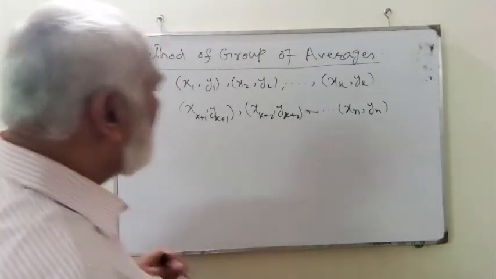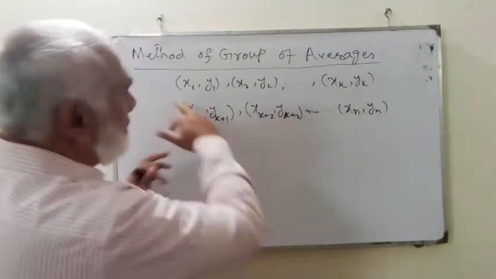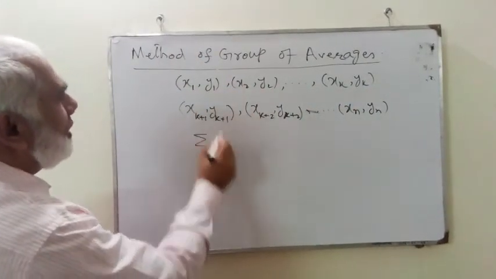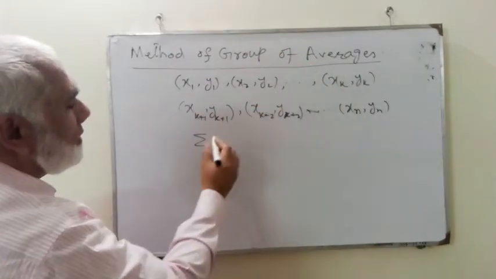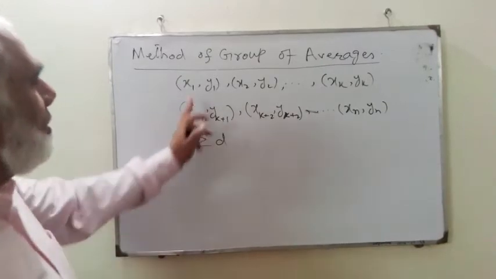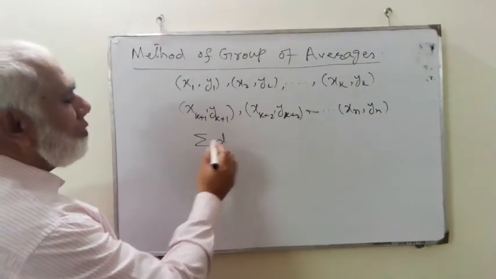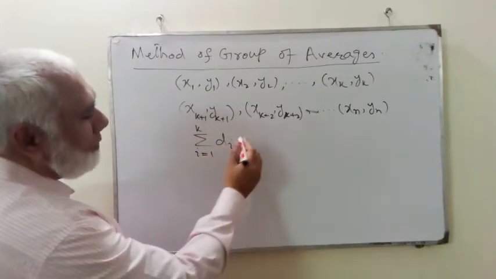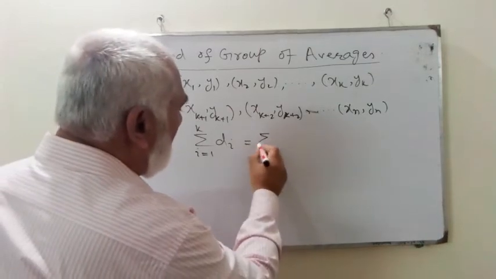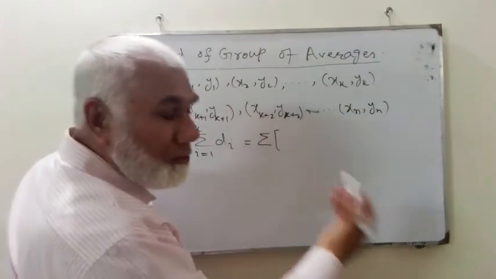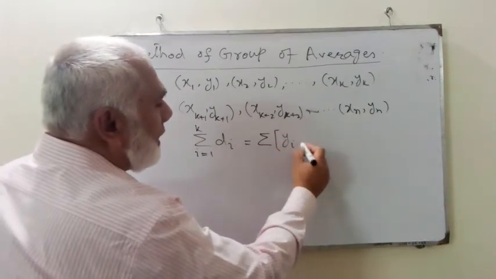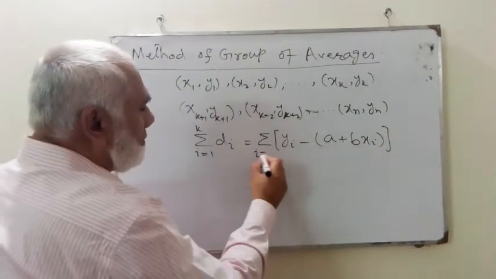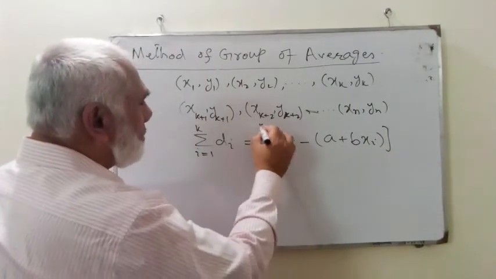Now, after doing this, if I use set number 1, then according to the principle we have decided for the whole method, the elements of group number 1 will have the index i going from 1 to k, and the sum of all the differences, if I represent it by the straight line, because we are using a straight line to pass, will be the sum of yi minus (a plus b times xi), with i going from 1 to k.